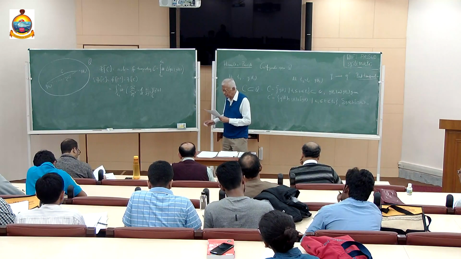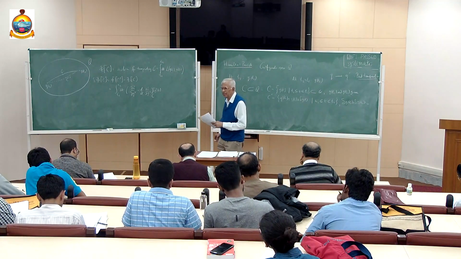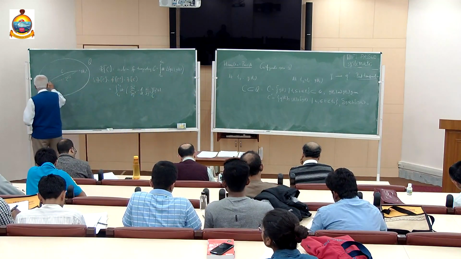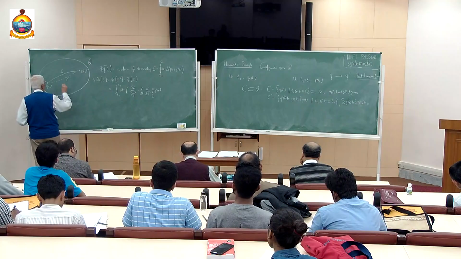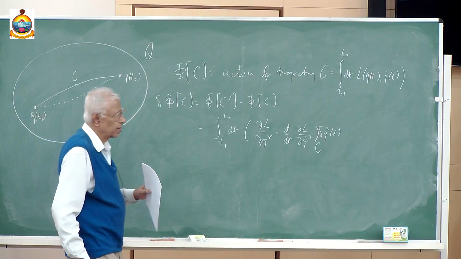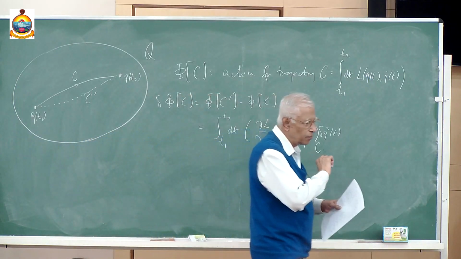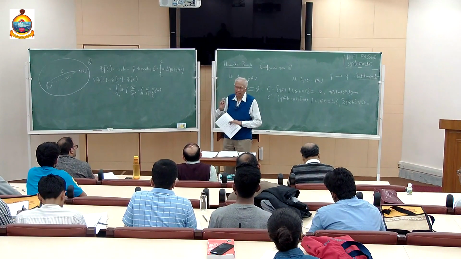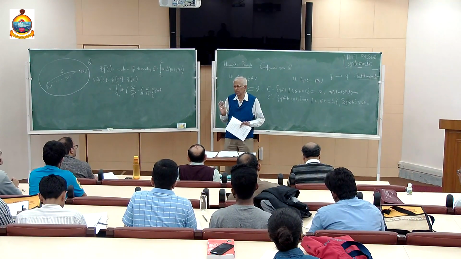I will say it in words, I will not write it, but I will say it very slowly. Given any initial configuration at time t1 and final configuration at time t2, the actual path that the system follows from time t1 to t2 is such that if you make small changes in it in intermediate times, the action does not change.